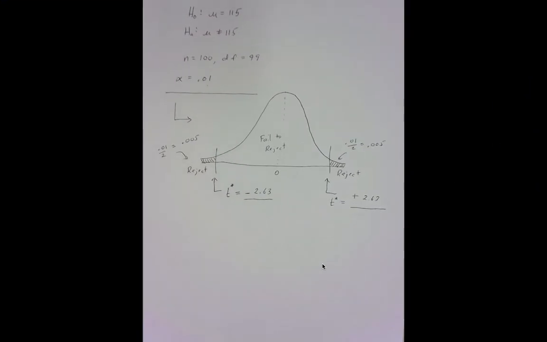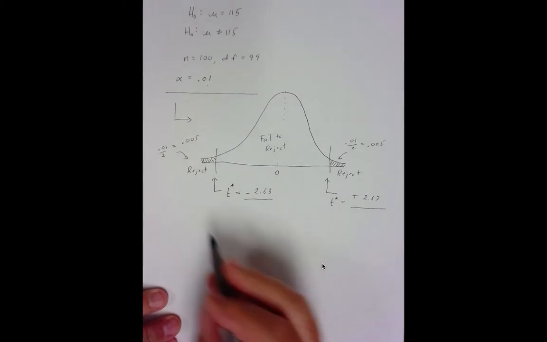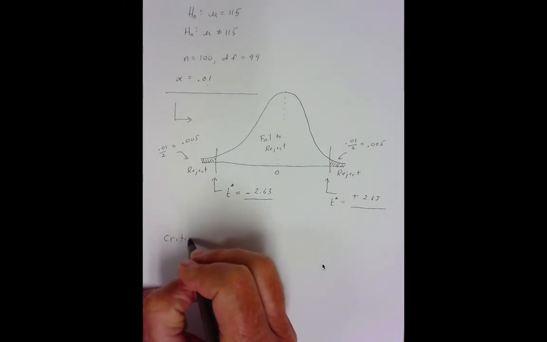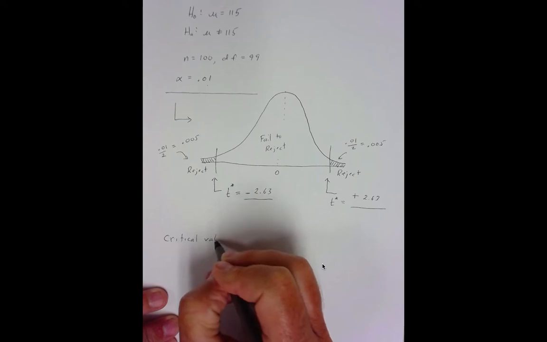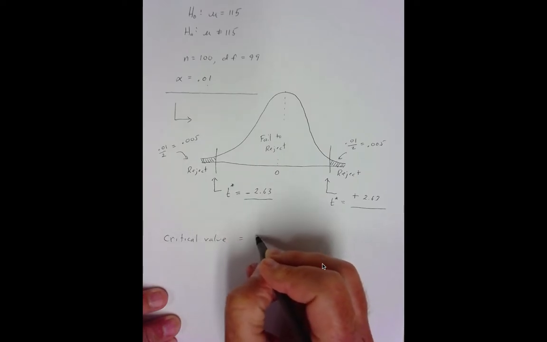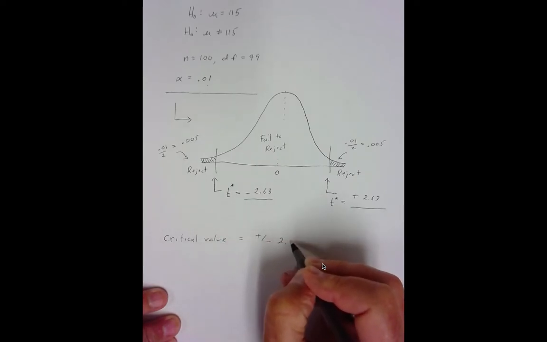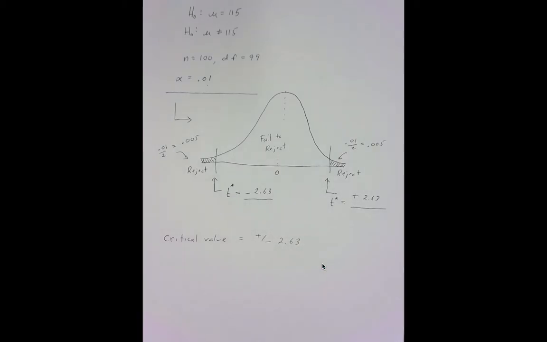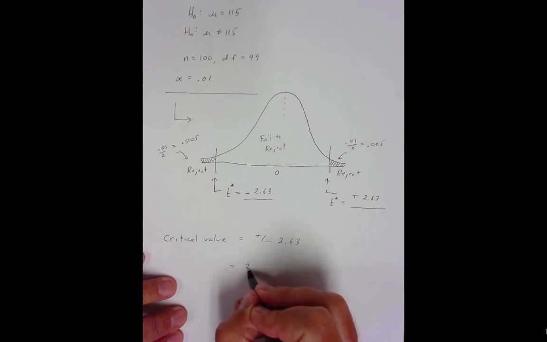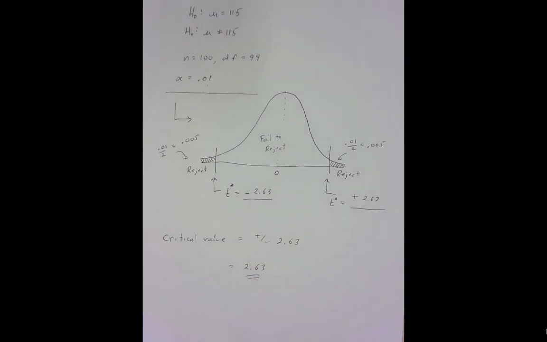So, gang, the critical value would be plus or minus 2.63. Now typically you'll just report that as just the 2.63. The plus and the minus isn't reported.